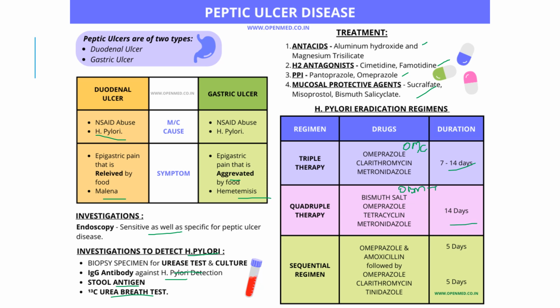Again after 14 days, you do a urea breath test, confirm that H. pylori eradication has been done. There is also a sequential regimen, which is omeprazole and amoxicillin for 5 days, followed by omeprazole, clarithromycin, and tinidazole for 5 days. Mainly, we are following triple and quadruple therapy.